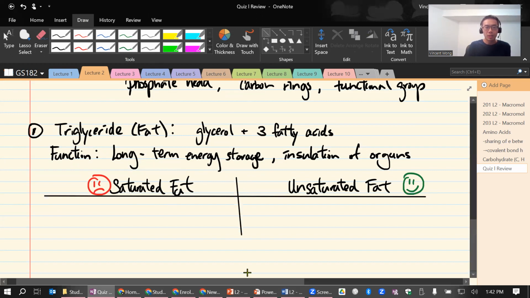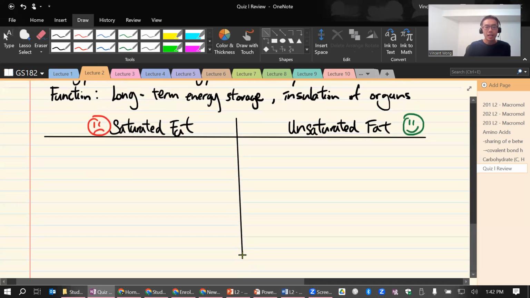So what have we got here? For saturated fat, it is 1 glycerol plus 3 saturated fatty acids, right? And what does it mean to have saturated fatty acids?